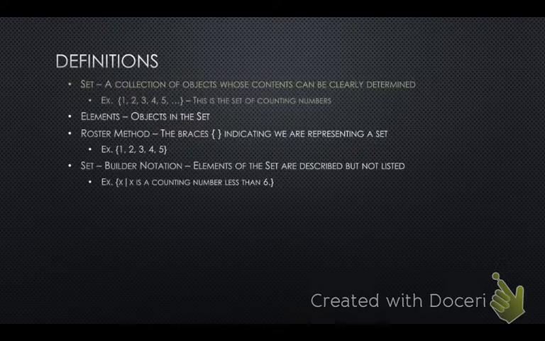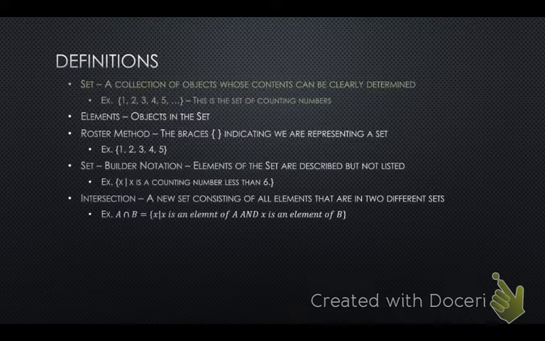You would put the braces, and then have x, then the bar, and say that x is an even counting number up to 100, so you're not having to write out 50 different values. So in some cases, builder notation is better than roster method.